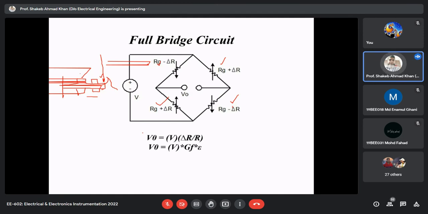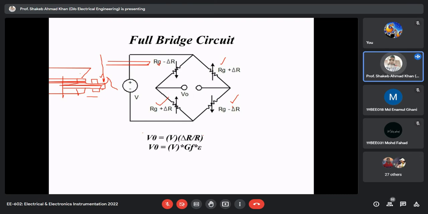And again I am telling you that if there is any change in resistance because of temperature, then this won't respond. Whatever the output is will remain the same. It won't change. But if certain strain gauges have a positive change and certain strain gauges a negative change, and they are equal, then the output will be this.